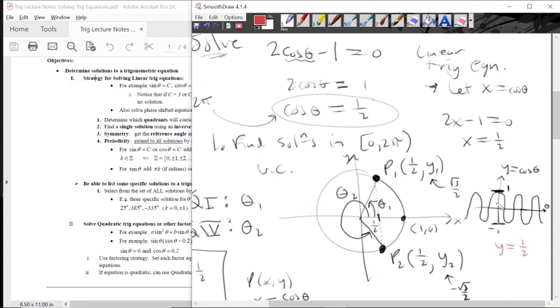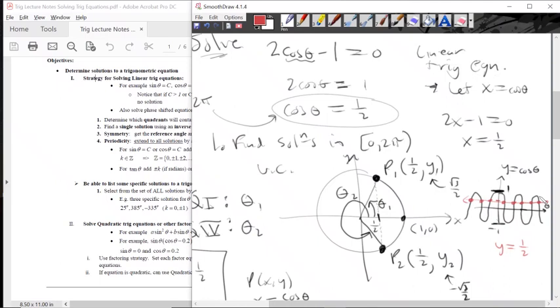Y equals 1/2 is a horizontal line where the y coordinate is always equal to 1/2. Anywhere this red line, the y equals 1/2 line, intersects the cosine wave, every one of those points is another solution to the equation that we were given. Cosine theta is equal to 1/2.